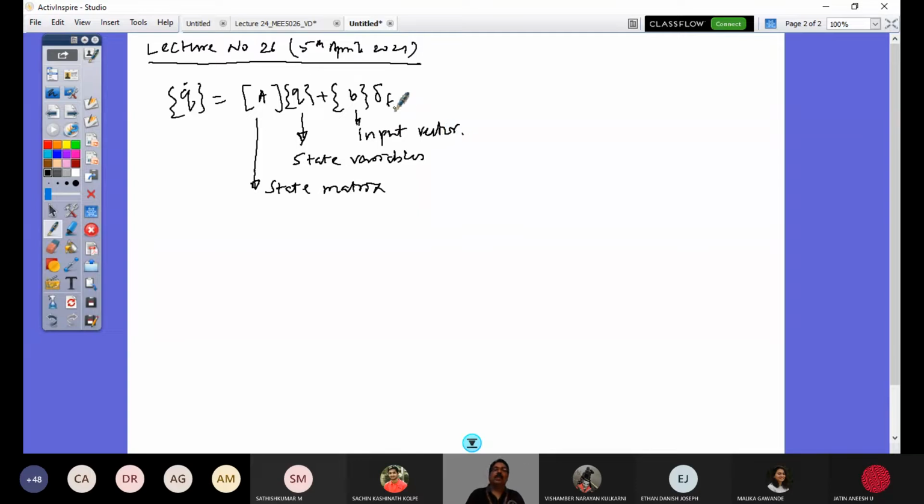Of course, steering angle delta F is an input.